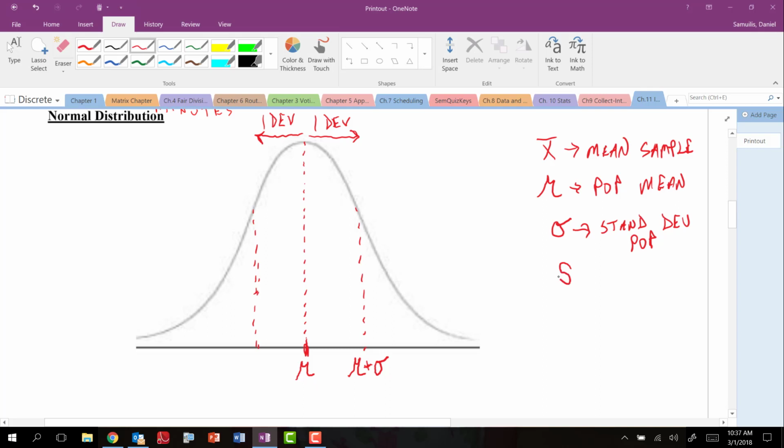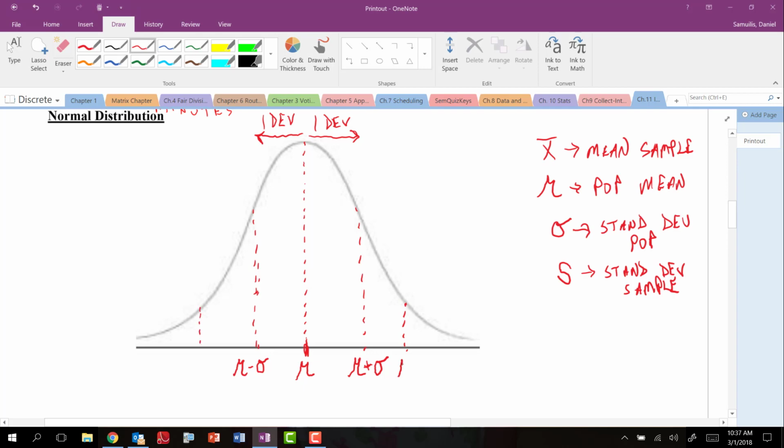Whereas S is the standard deviation letter for a sample. Okay? All right. So this would be mu minus, using the correct variables, as far as I understand. Someone that's smarter than I at statistics may come by and say, you're wrong, idiots. But that's what I've seen with this book.